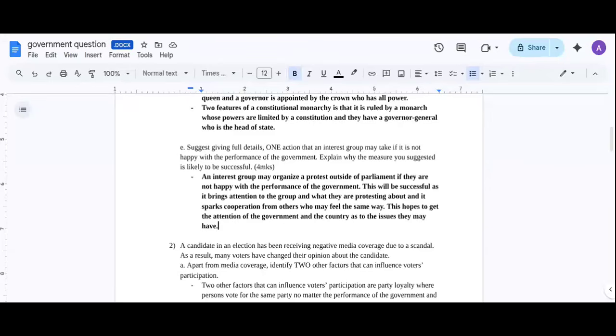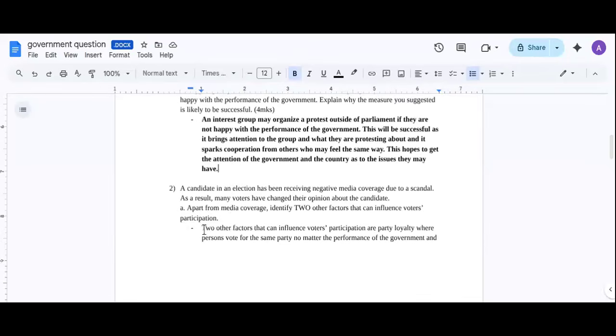A candidate in an election has been receiving negative media coverage due to a scandal. As a result, many voters have changed their opinion about the candidate. Apart from media coverage, identify two other factors that can influence voters' participation.